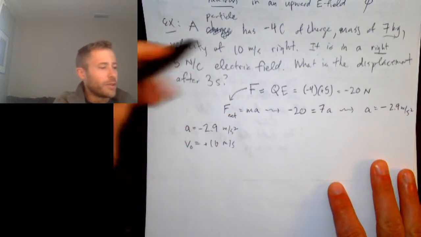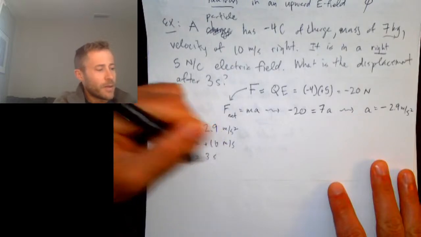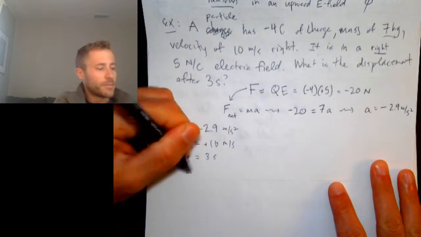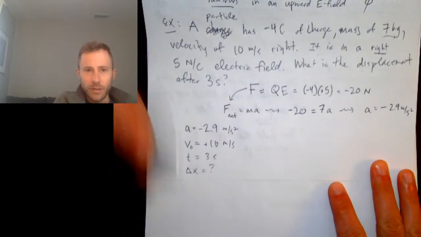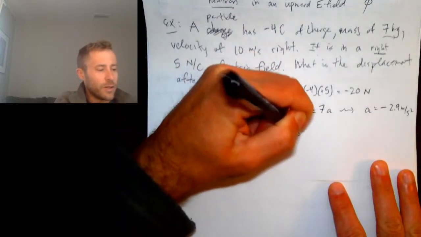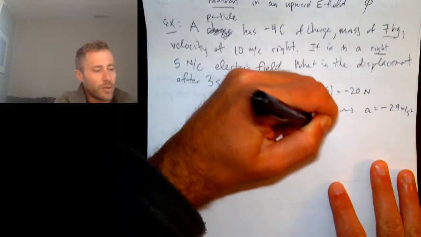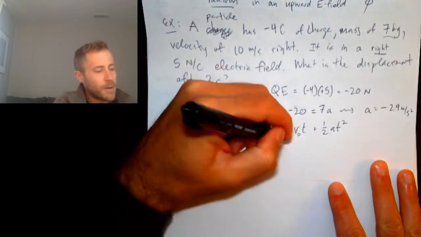The time elapsed is 3 seconds. And we want to know the displacement. There's a kinematics equation that connects all 4 of those variables: delta x equals v naught t plus 1/2 a t squared.